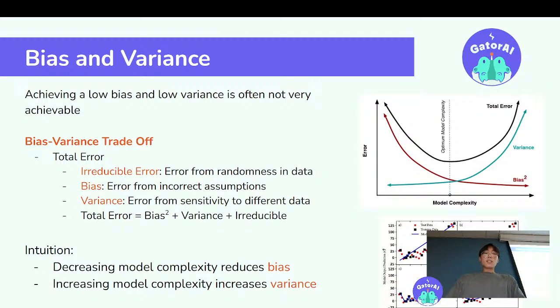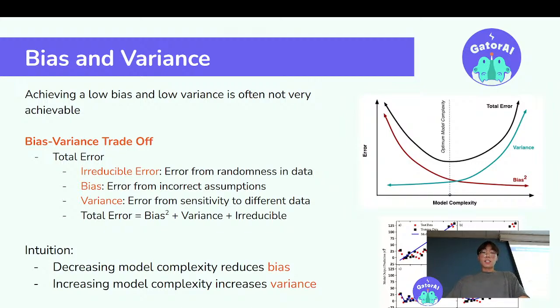So basically the intuition for this is that decreasing model complexity reduces the bias of our machine learning model, but at the same time increasing model complexity increases, or is this right? Decreasing model complexity reduces bias. No, this is wrong.